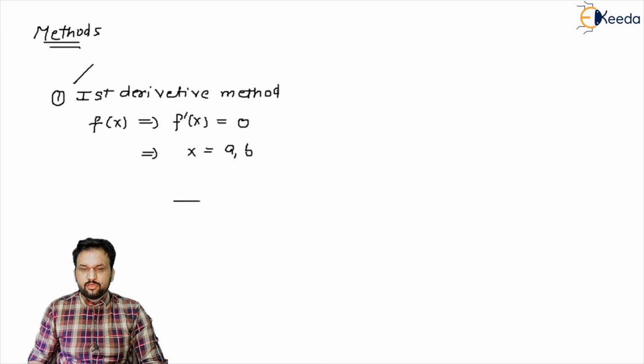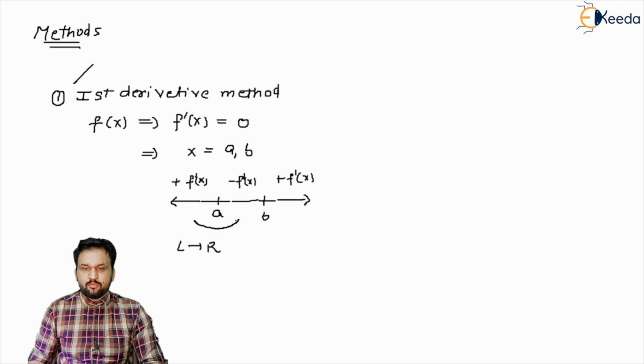After that, we make a real line and place these values, like a and b, and we check how f'(x) behaves. Like here it is positive, here f'(x) is negative, and here f'(x) is positive. So now you just move from left to right and check: from this point, it goes from positive to negative.